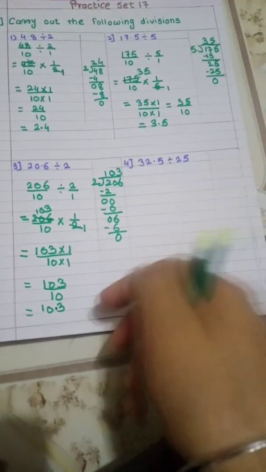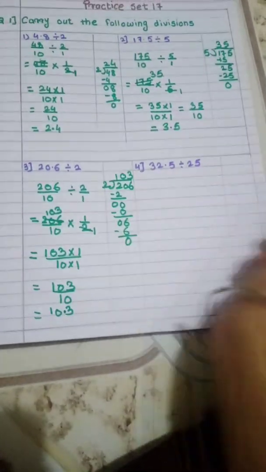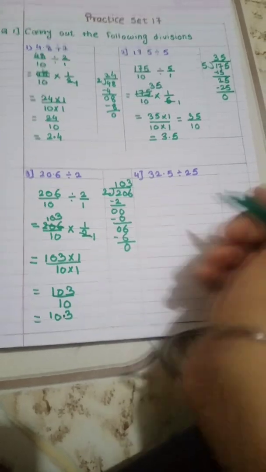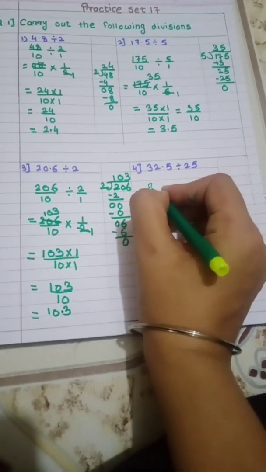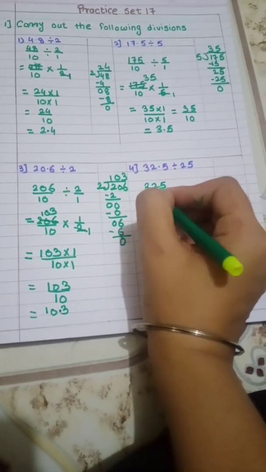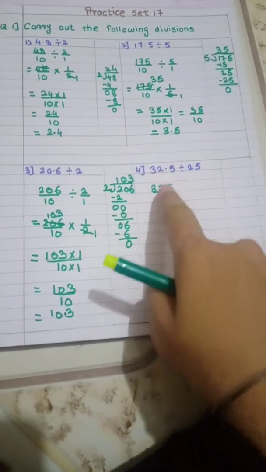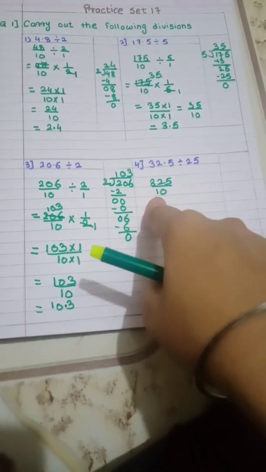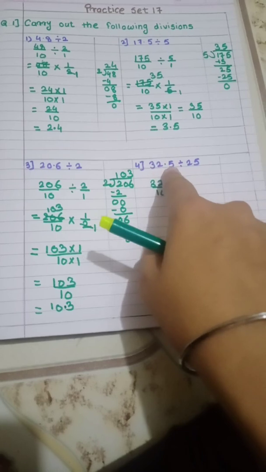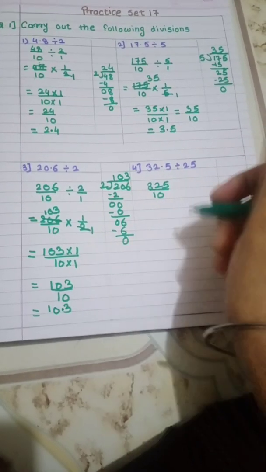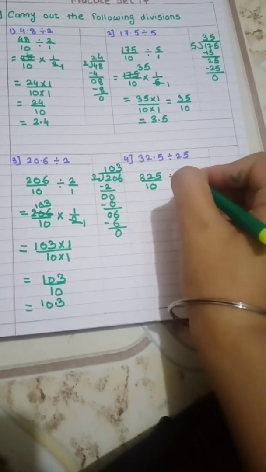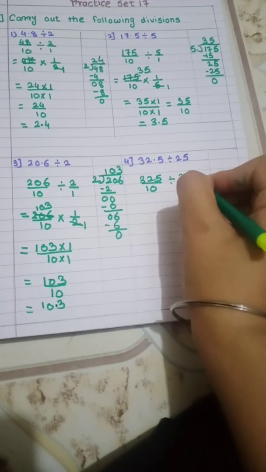Now fourth sum, how do I have to do it? Yes, 325 divided by 10. I have to convert it into the common fraction. Okay, after the decimal point one number, so 10 is given. Then divided by 25 upon 1.